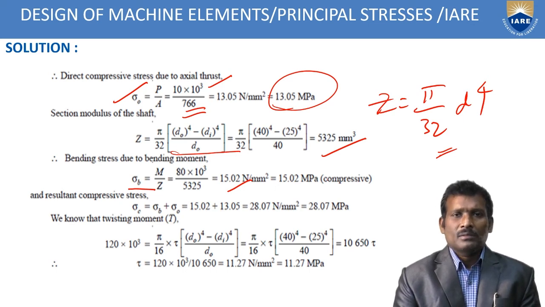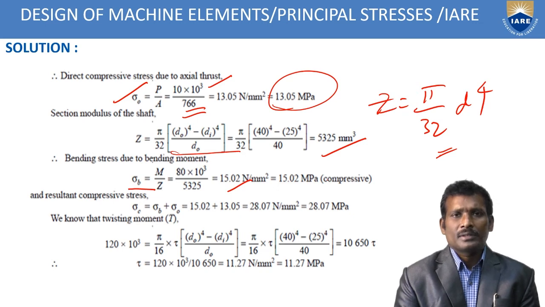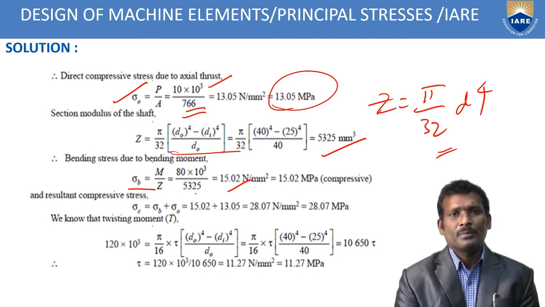So what is the total resultant compressive stress acting on the shaft? One is due to the direct compressive load, the axial thrust load, that is σc. And another one is due to the bending moment, the bending stress.